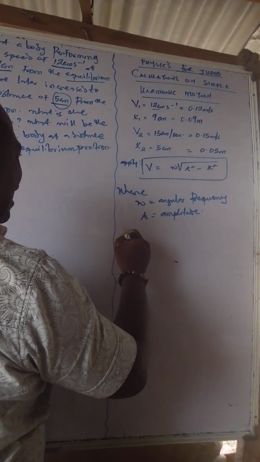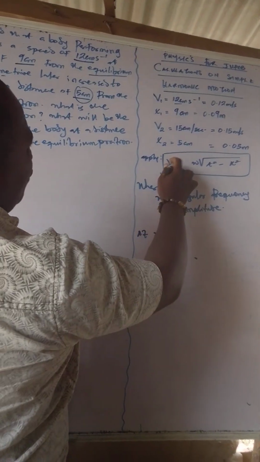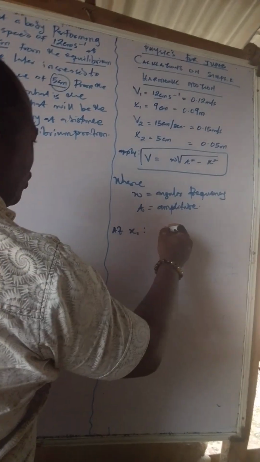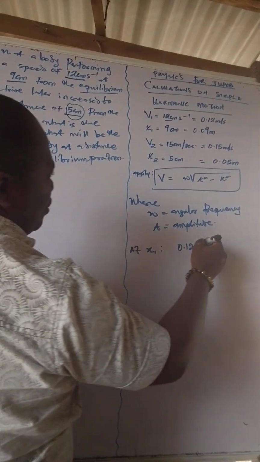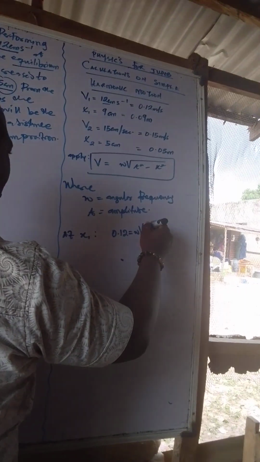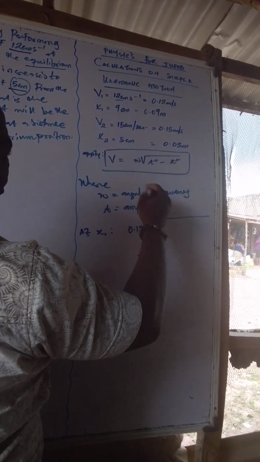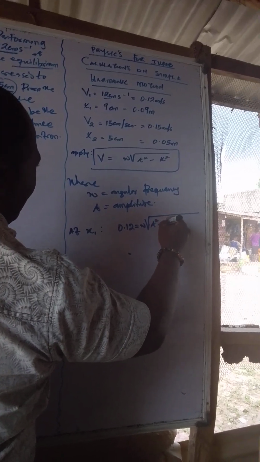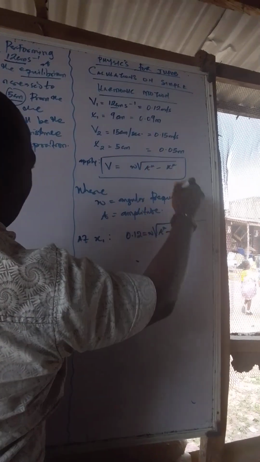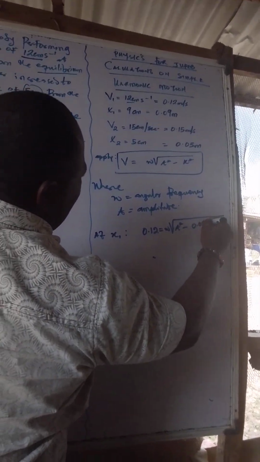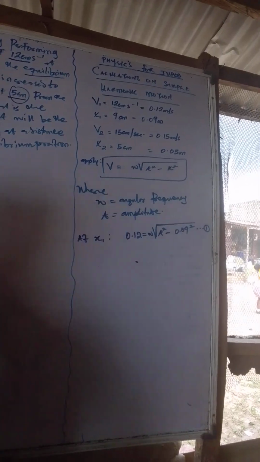At displacement x1, what do we have? V is 0.12, you know we have converted, equals omega square root of. Now what's our amplitude? It's not given. So for x we use x1, which is 0.09 all squared. Let's take this as equation 1.